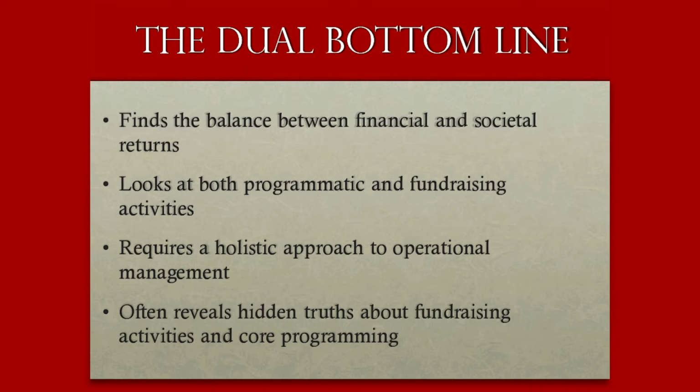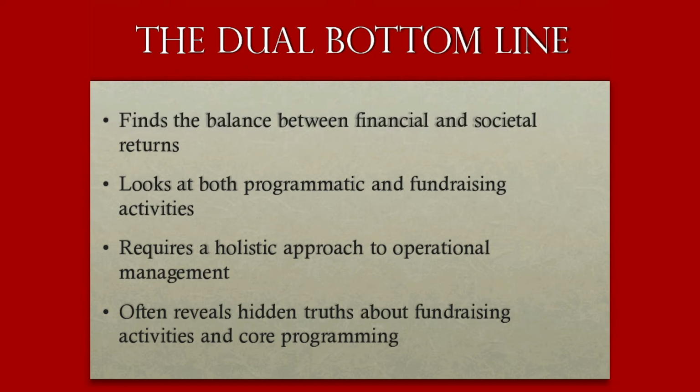It looks at both programmatic and fundraising activities within an organization, and it seeks to balance them and give them weight in relationship to each other and the organization's sustainability, so that you can make informed choices about where to invest and where to perhaps cut back or pivot.